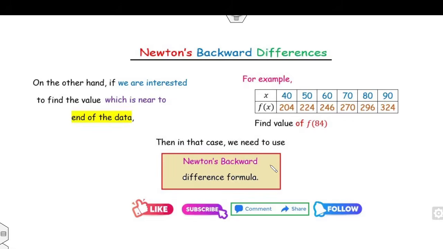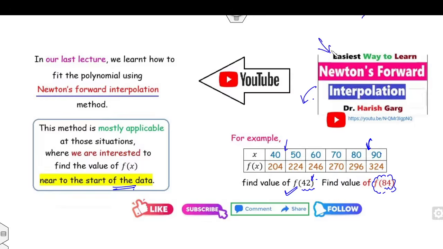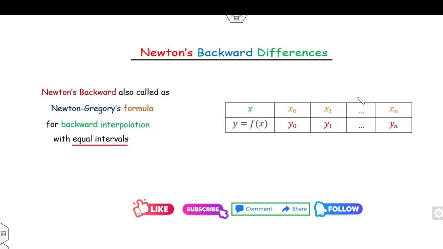The overview and the objective are similar to Newton's forward formula, so I recommend you watch that lecture in order to understand this lecture very easily. Now remember that the Newton backward difference formula is also called the Newton formula for backward interpolation. Make sure this formula is applicable when you have equal intervals.